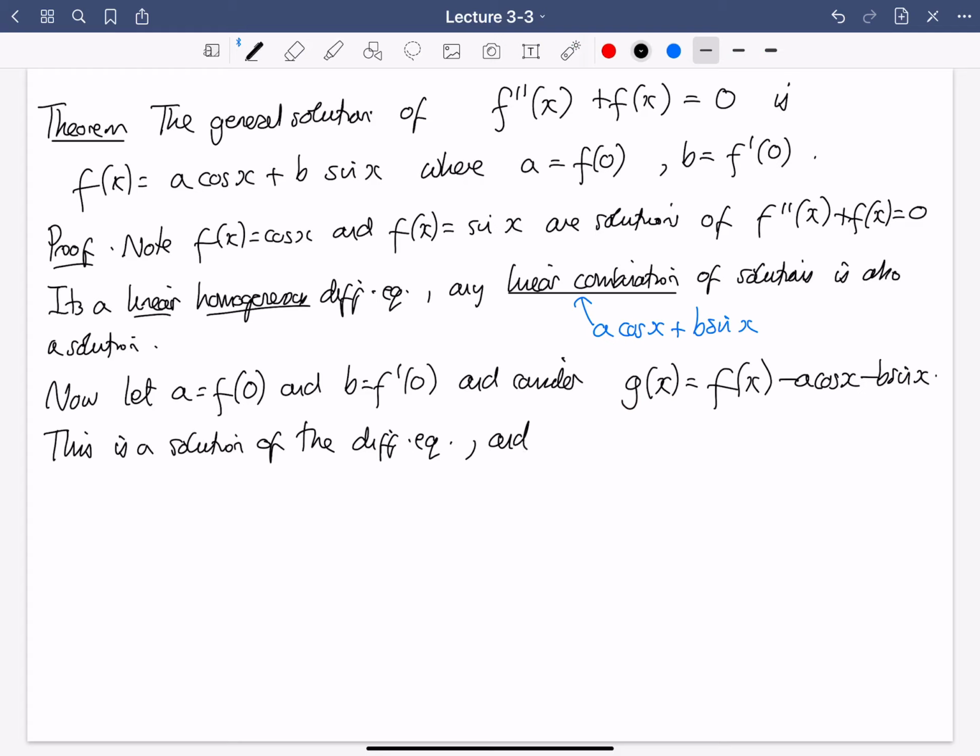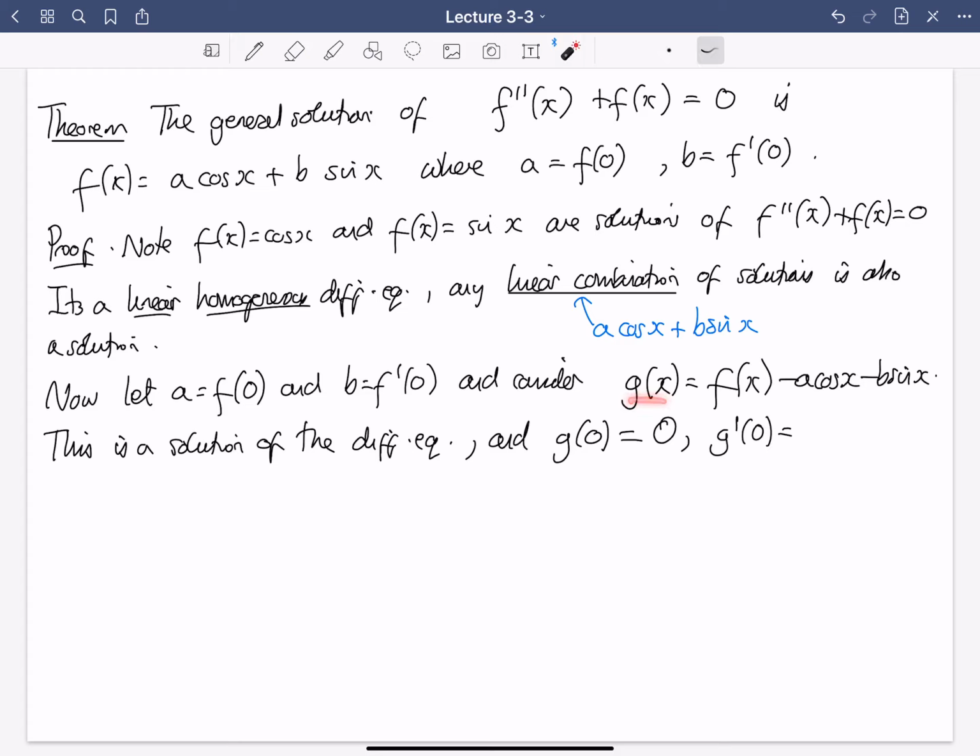And what's g of 0? Well, let's plug in x equals 0. f of 0 is a. Cos of 0 is 1, so that's a minus a, so that's a big 0 so far. And sine of 0 is 0. So g of 0 is 0. What's g prime of 0?